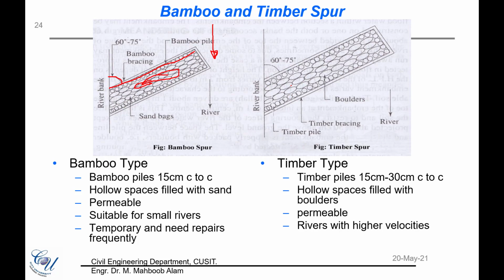With respect to maintenance, they do not need the kind of attention the bamboo type would need, but they are still permeable, and they can be temporary structures just upstream of the diversion headwork.